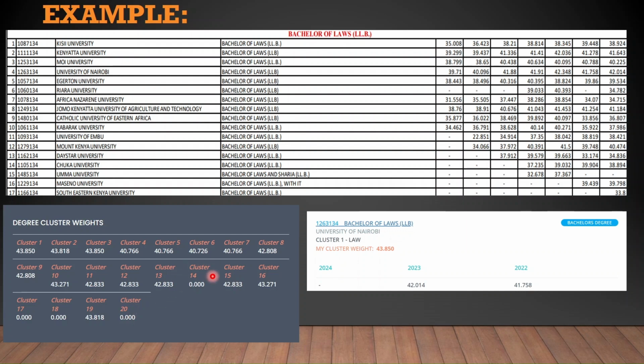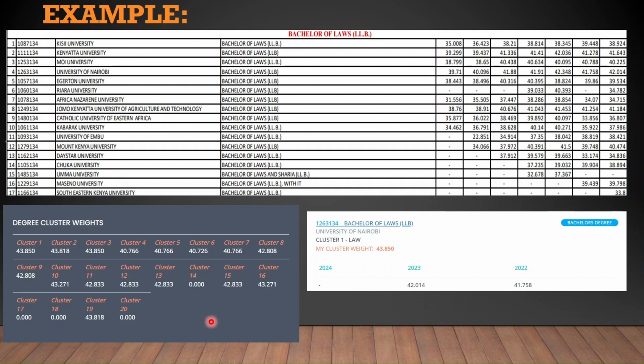For instance, maybe this might be engineering, and you failed to do physics, which is a mandatory subject. You'll find that in this cluster you have a 0.00, meaning that you cannot apply for this course. You cannot even take it to your course basket to try your luck. So that's what it means when you get this 0.00.